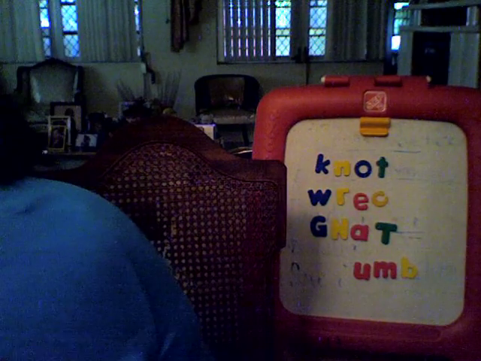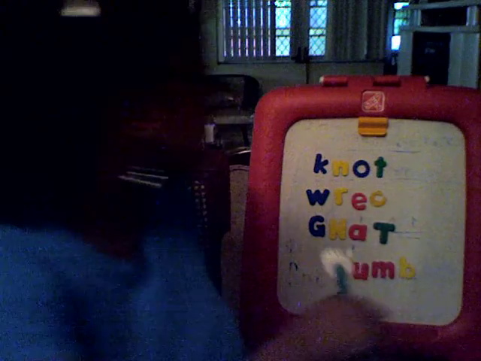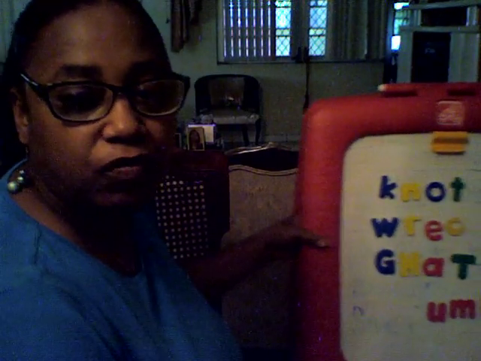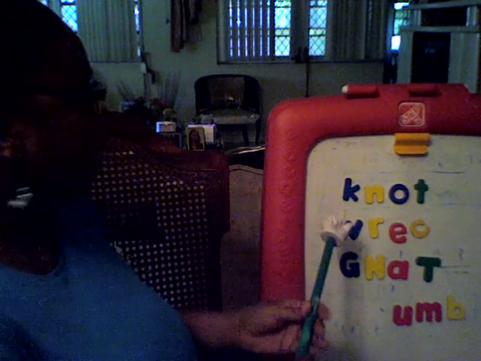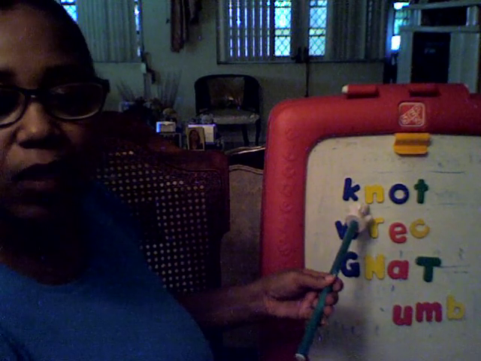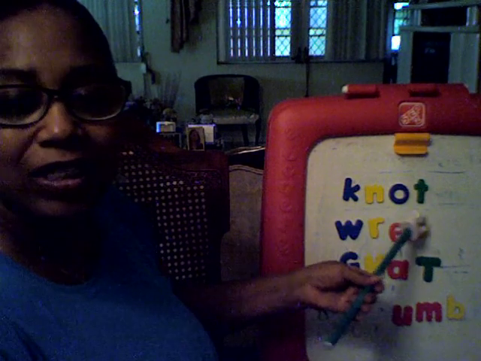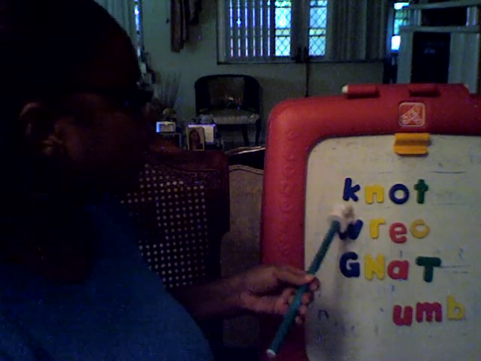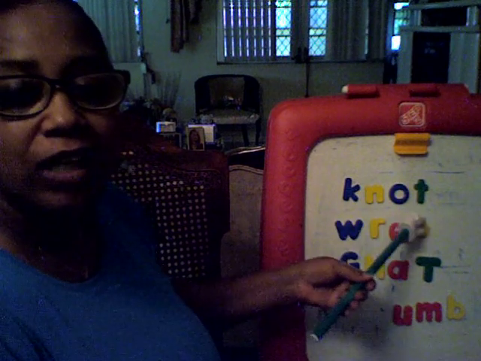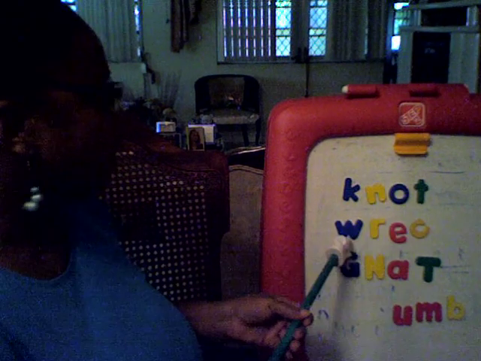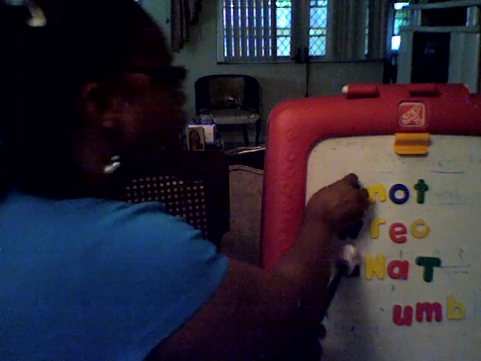All right, I know you're going to do well with this exercise. So I have it here. Let's look at it again. One more time, let's review. So I have KN. What sound does KN make? N, as in knot. We don't say cannot. KN says N. And then we have WR.